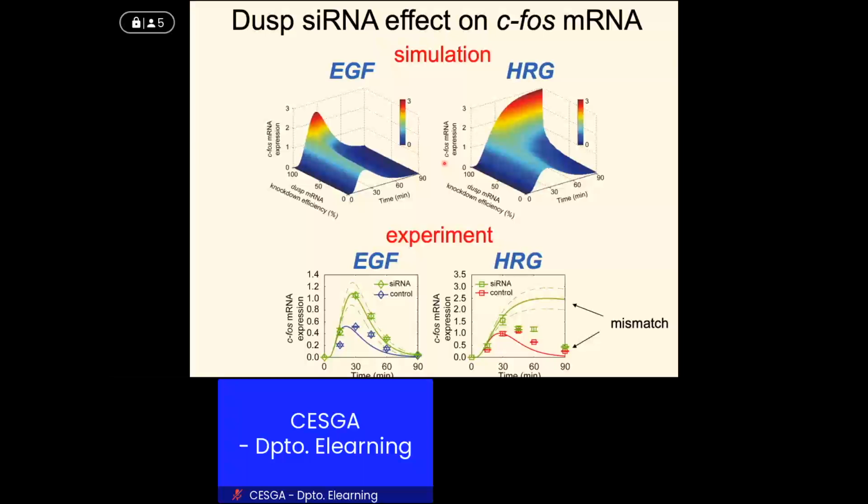And we did also the experiments, but the simulation shows this kind of sustained result, while the experiment shows that it was downregulated. But the EGF shows a good match. So we saw that there is something for the heregulin regulation, only for heregulin regulation.